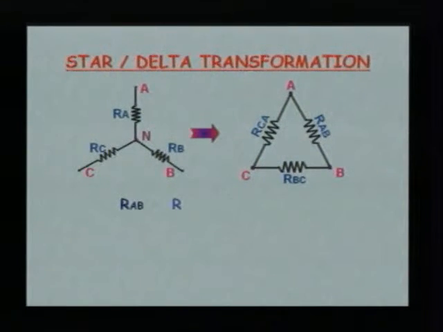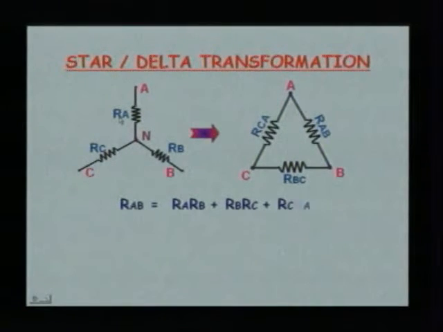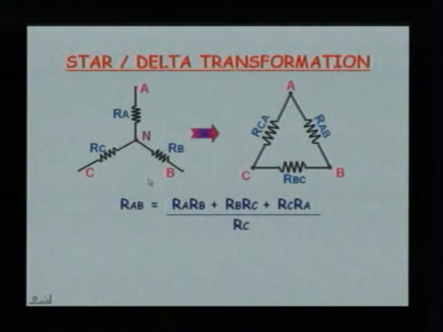RAB is equal to RA RB plus RB RC plus RC RA divided by, we want RAB, what is opposite to RAB? You have RC. So, it is divided by RC.